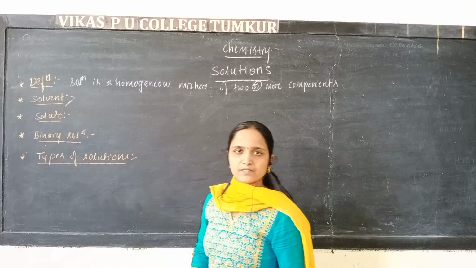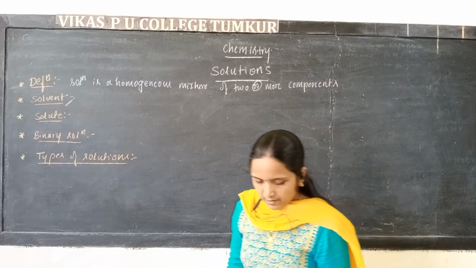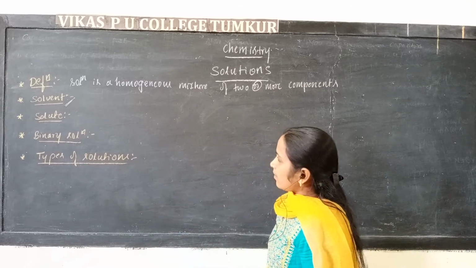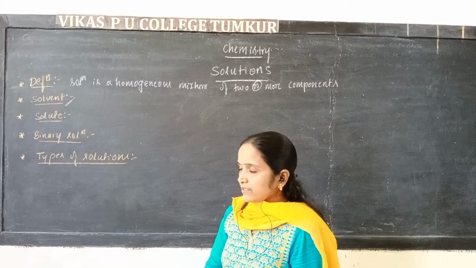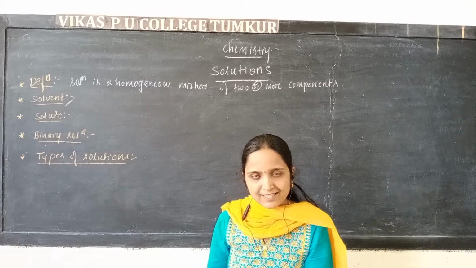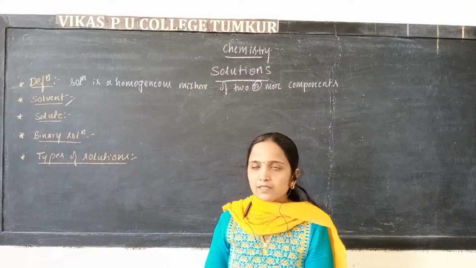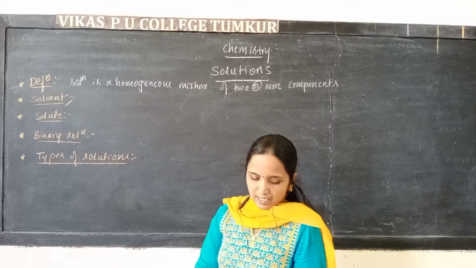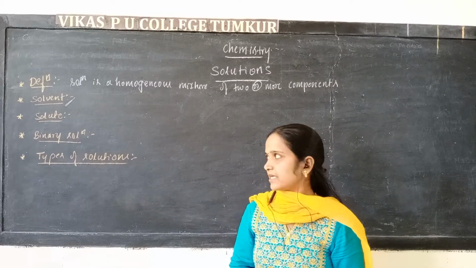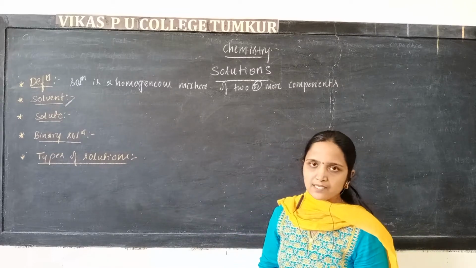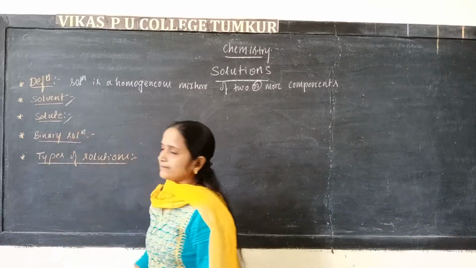The solvent is the component which is present in the large quantity. The component which is present in the large quantity is known as the solvent. What is meant by solute then?